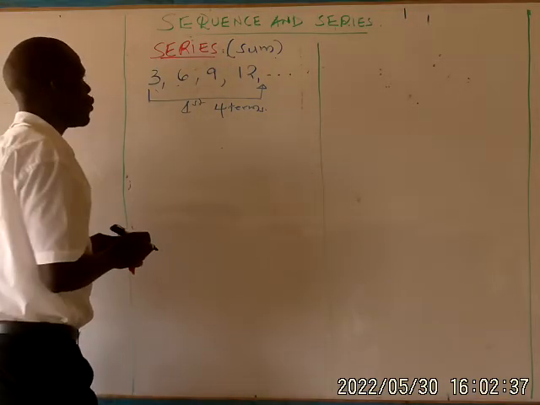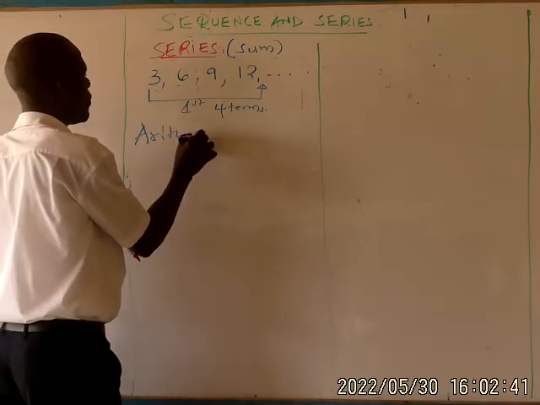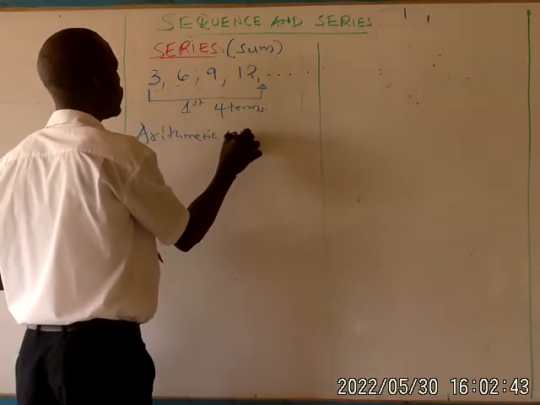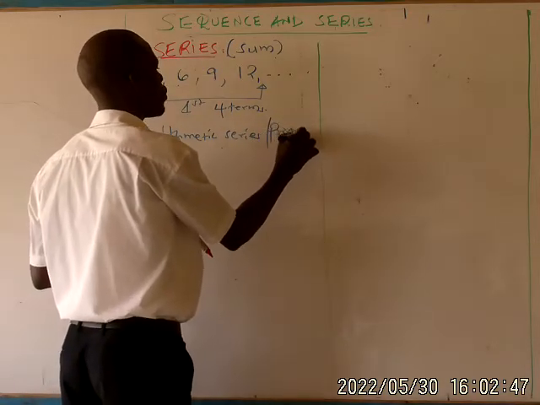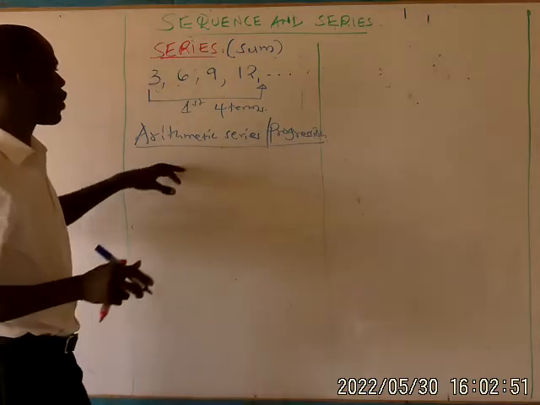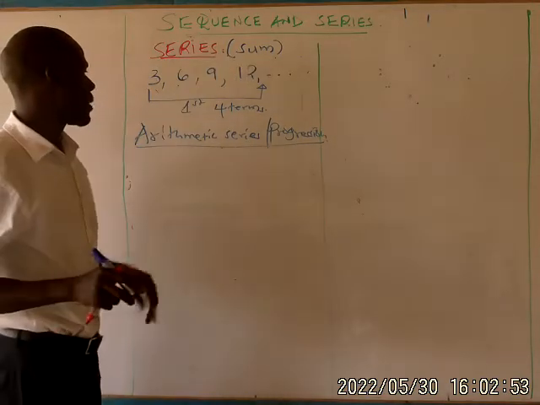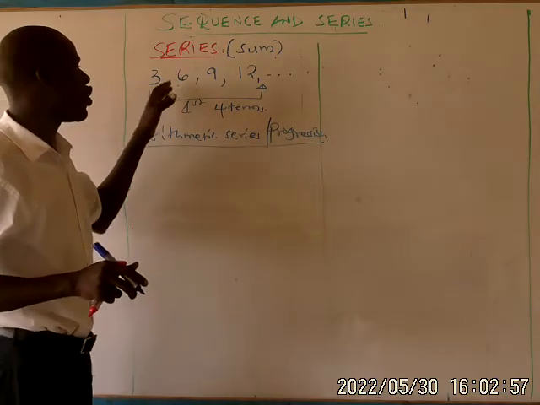If it's a series like this, we can call it an arithmetic series or an arithmetic progression, if I'm asked to find the sum. Because it's arithmetic, we are either adding or subtracting.